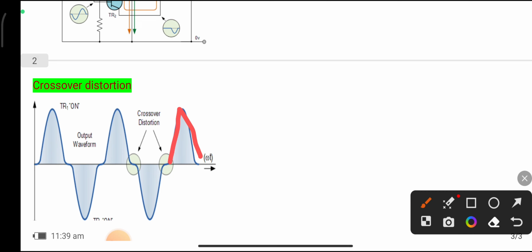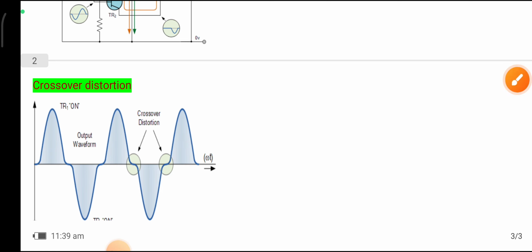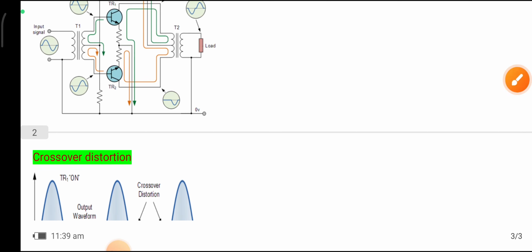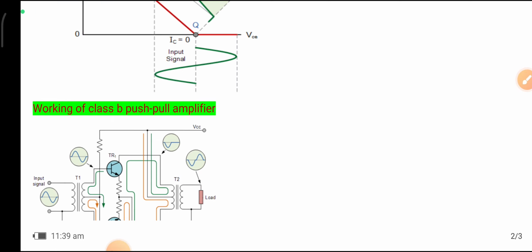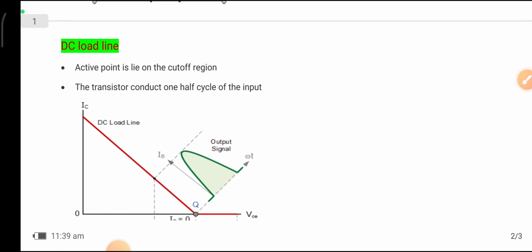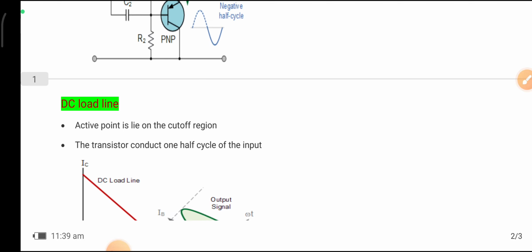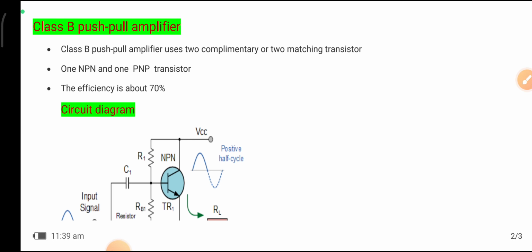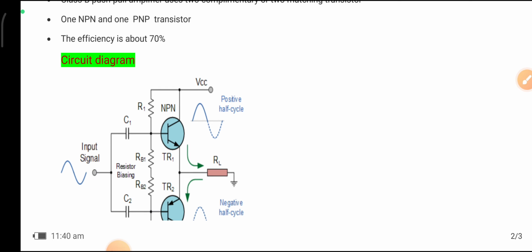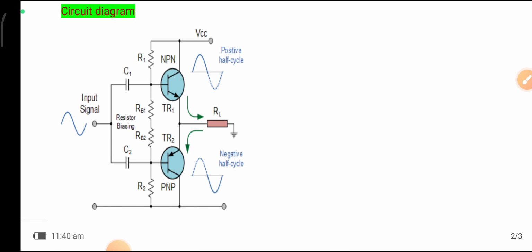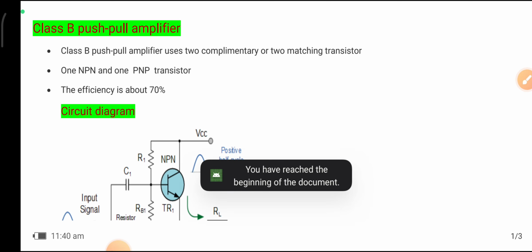So it is called crossover distortion. The main disadvantage of the class B amplifier is the crossover distortion. The advantage of this class B push pull amplifier is that it is much more efficient than the class A amplifier, and it uses more DC power to convert to AC power. So it is used very well in communication systems. This is about the class B push pull amplifier.